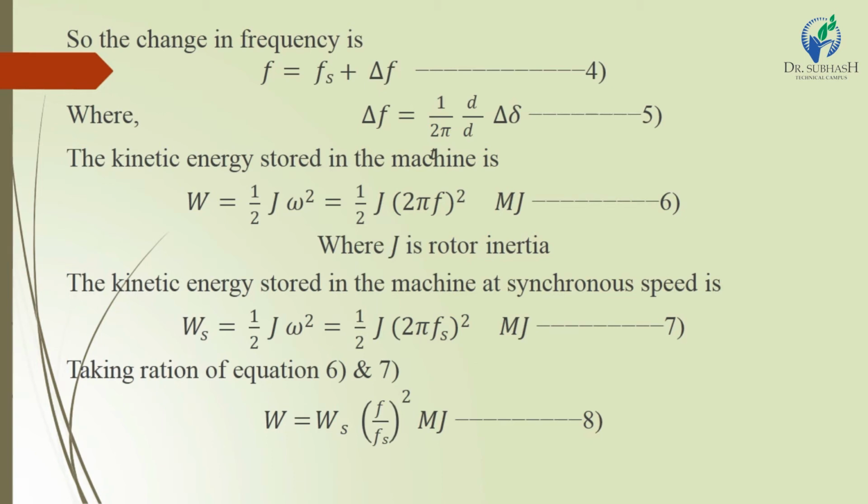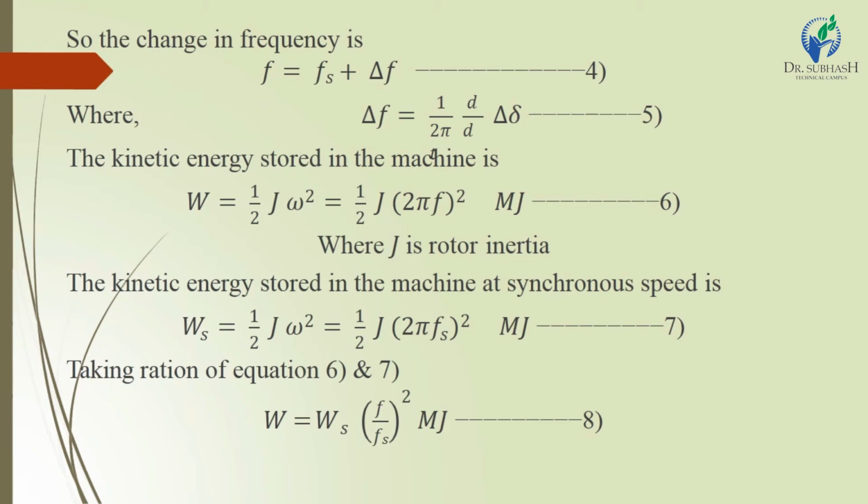The kinetic energy stored in the machine is W = 1/2 J ω², which is 1/2 J (2π f)² megajoules. This is known as equation number 6, where J is the rotor inertia.